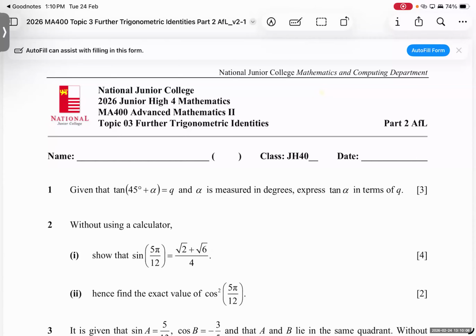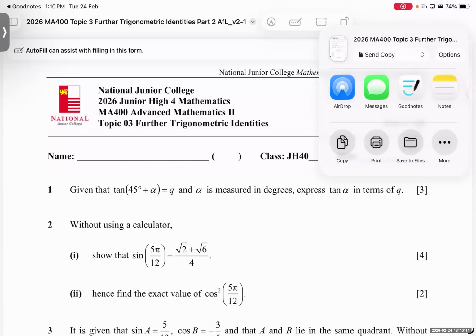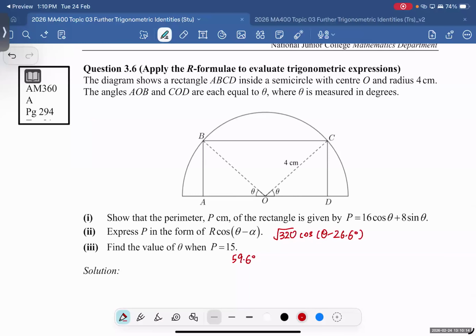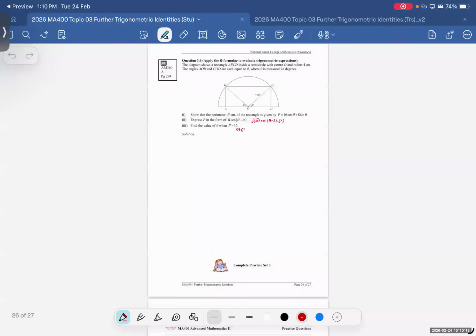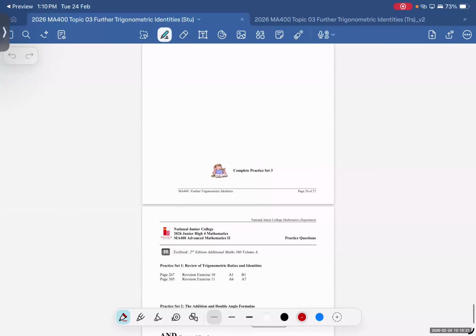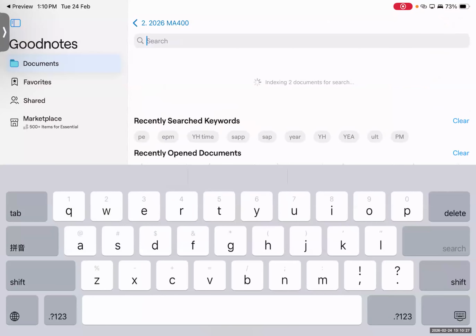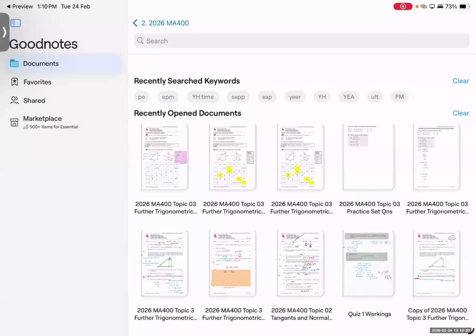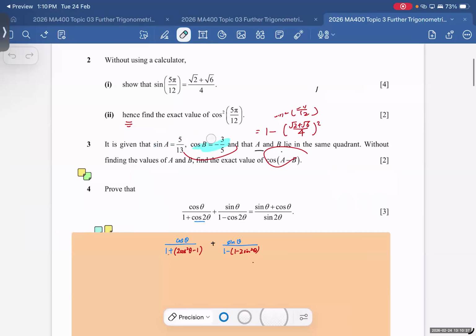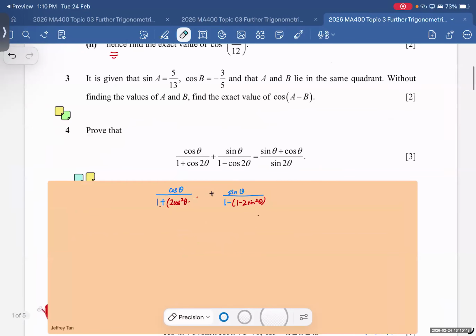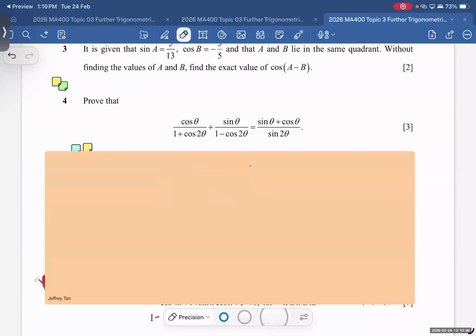Anyone bothered about any question? Okay, question 4, don't want to do it yet. Okay, are you doing question 4? This 4.